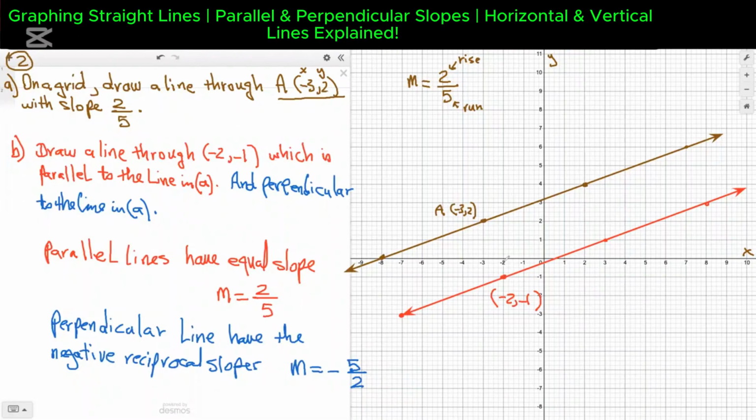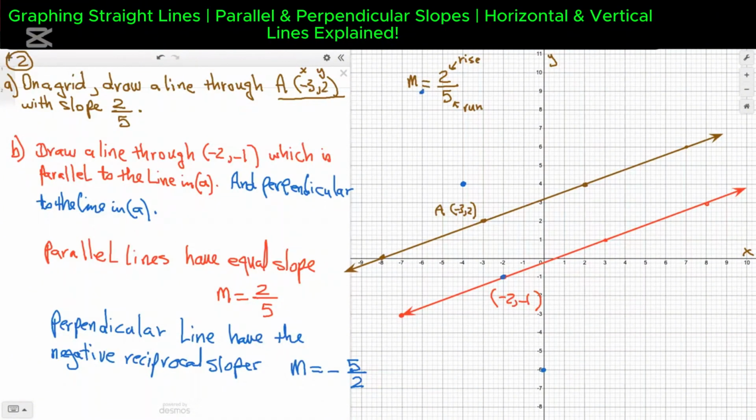Now you go to this point and you start going up 5. You could go up 5, 1, 2, 3, 4, 5, and left 2, because the slope is negative, so the line should be going down. Or you go down 1, 2, 3, 4, 5, and then to the right 2, and that indicates the slope is negative because, as we said, the line will go down if the slope is negative. Let's do one more point: 1, 2, 3, 4, 5, 1, 2.